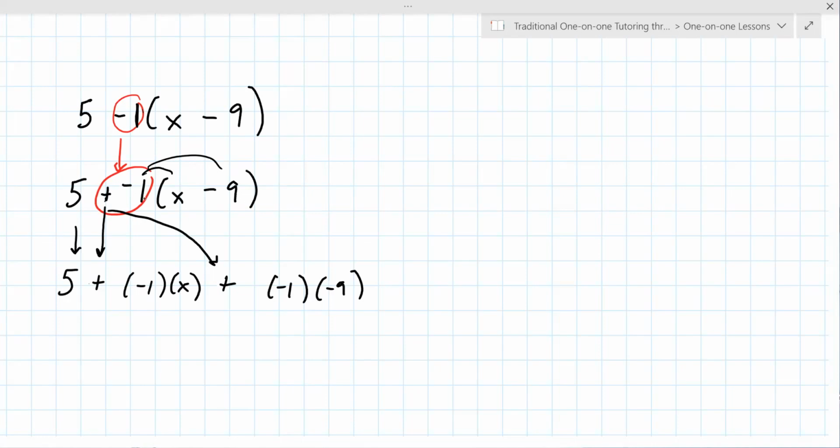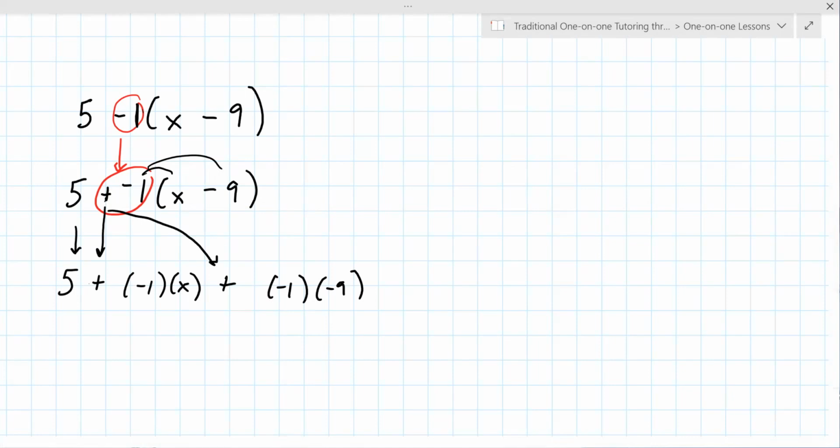So we have 5 plus -1x, which is plus -1 parentheses, and we have the -1 and the -9. So we bring down the -1x, and then we're adding the -9.